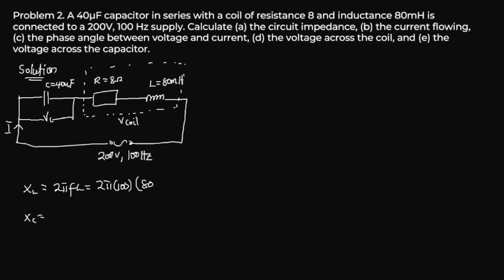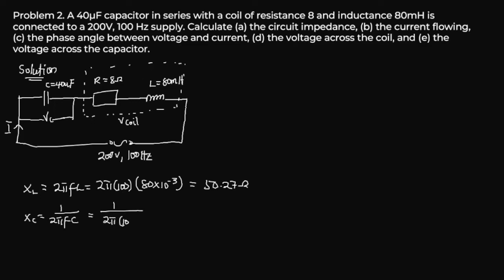If you compute everything in the calculator, our XL is 50.27 ohms. For the capacitive reactance, we have 1 over 2 pi F C, which is equal to 1 over 2 pi.